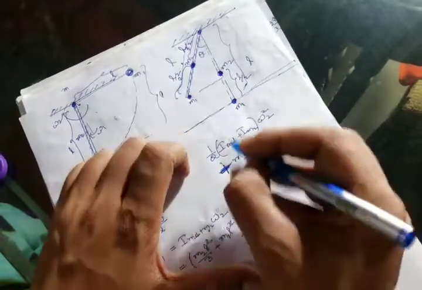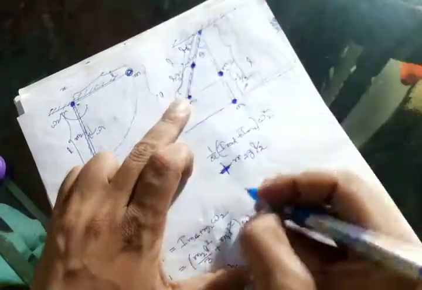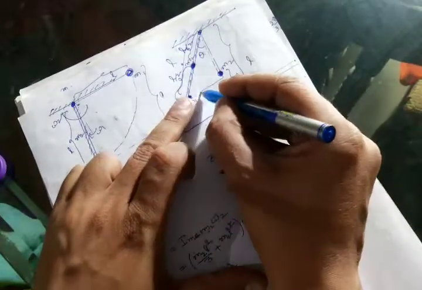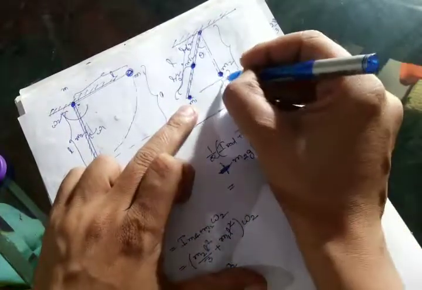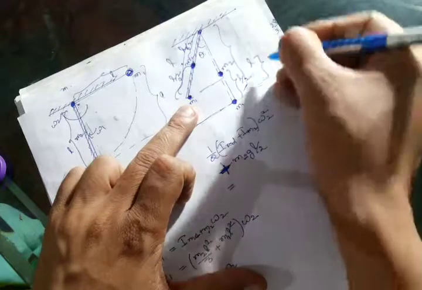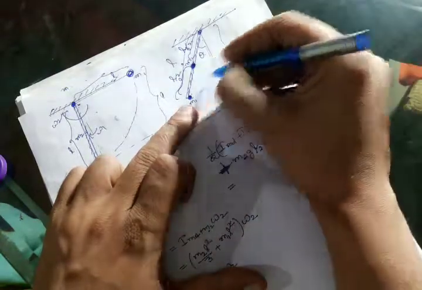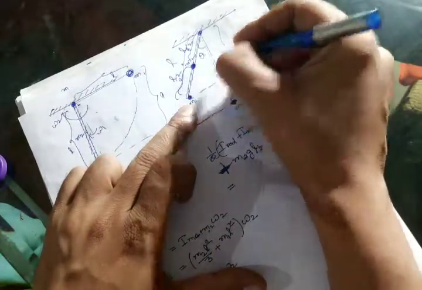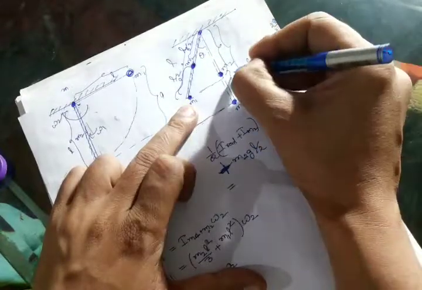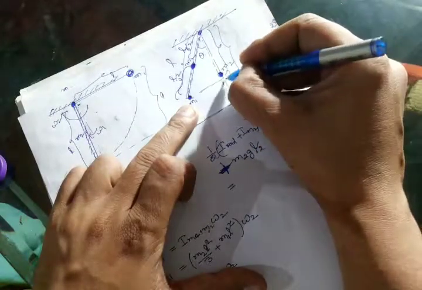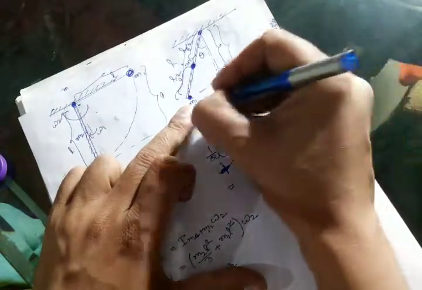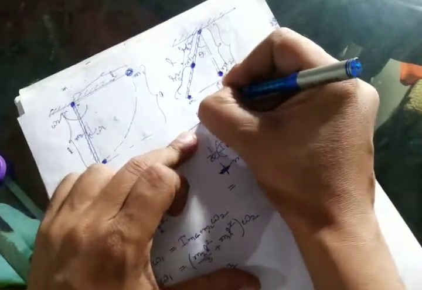Now what will be the final energy when this rod comes here? For this mass, from here to here, the distance is L. This is L cos theta, and this will be L minus L cos theta, so L times 1 minus cos theta.